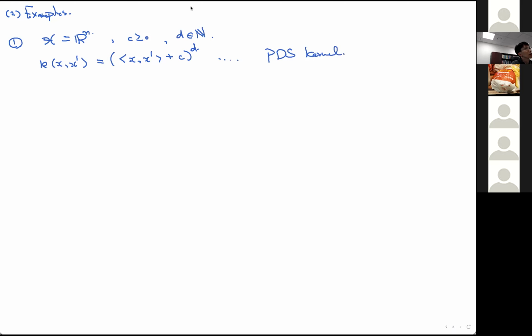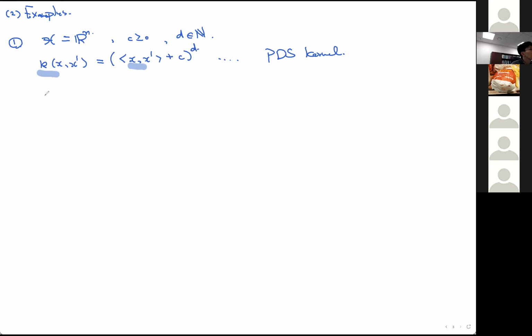And the inner product here is a PDS kernel, because what the PDS condition really tries to capture is that we are really computing an inner product. But K defined this way is also a PDS kernel. And this positive definite symmetric property is really about saying we can view what we are computing here as an inner product. We can see this in this case if you take something simple.